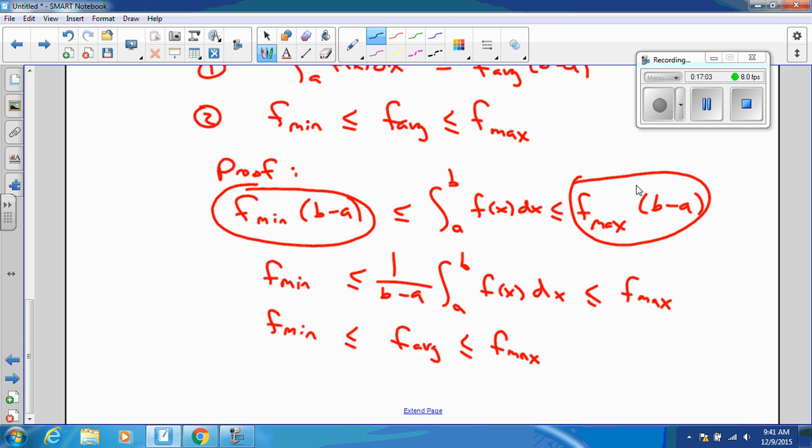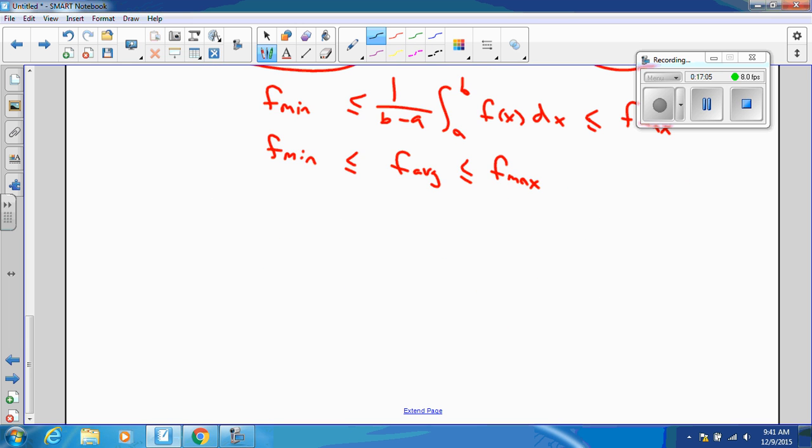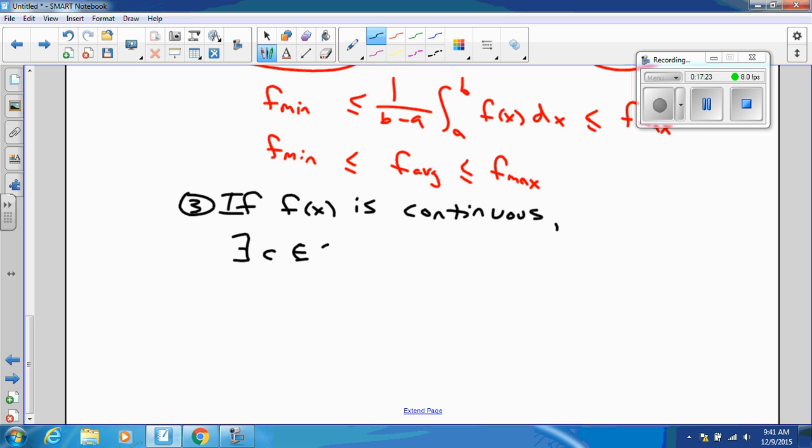And third and final point, if my function happens to be continuous, then there is a c in a to b such that f of c equals f average.